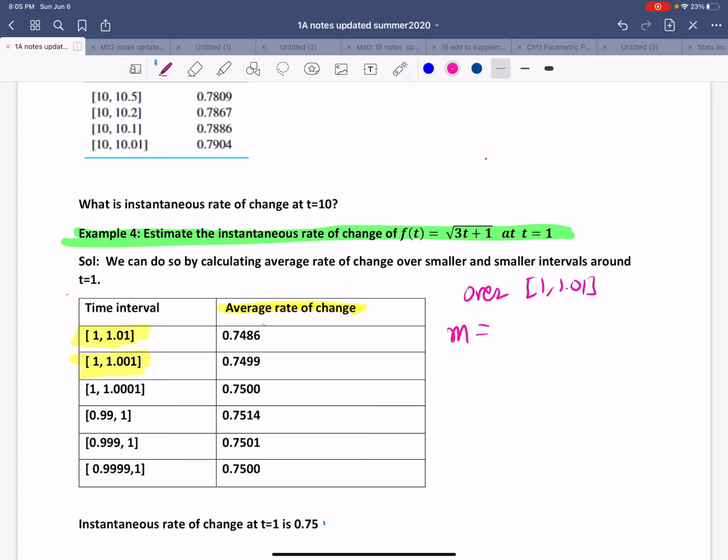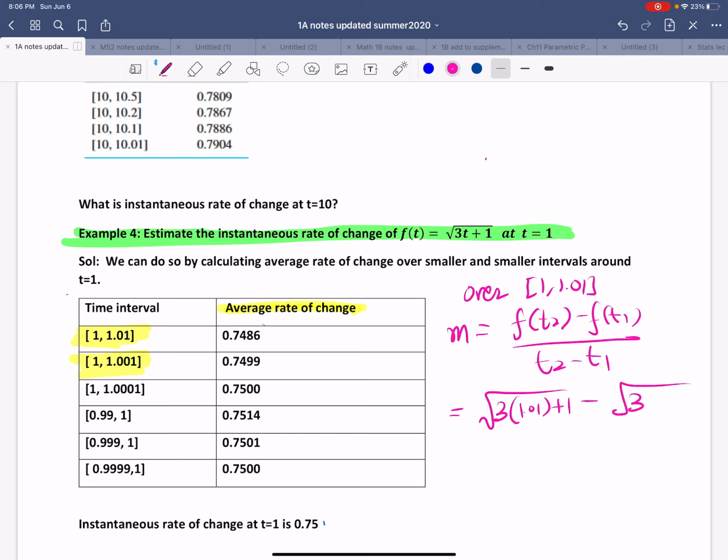So it's going to be f of t2 minus f of t1 divided by t2 minus t1. My t2 term is square root of 3 times 1.01 plus 1, minus square root of 3 times 1 plus 1, divided by 1.01 minus 1. And when I plug it into the calculator, I'm going to get that. And I repeat this process with different intervals.